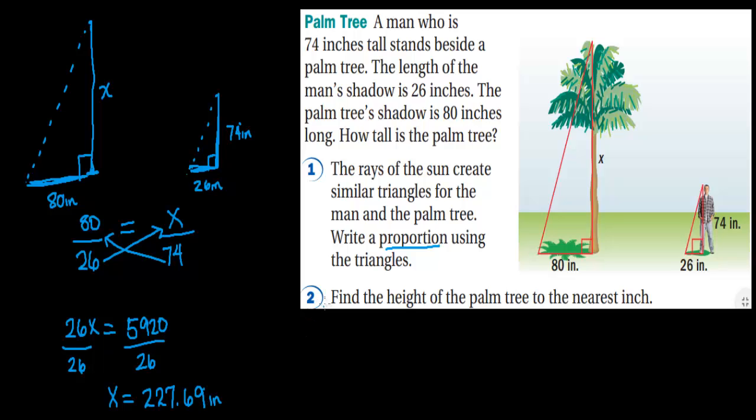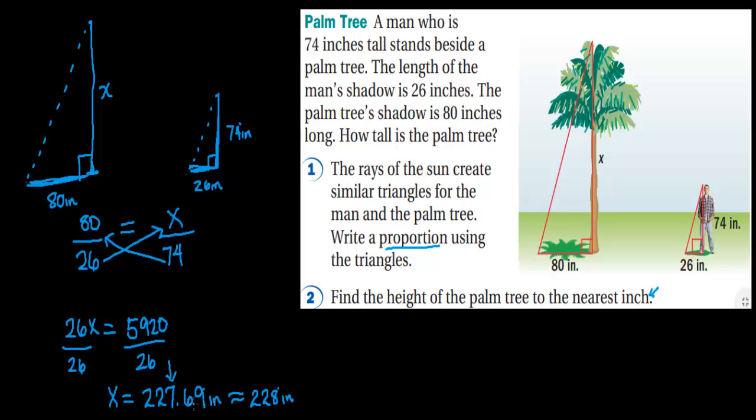And it says here in number 2, find the height of the palm tree. We just did. To the nearest inch. So to the nearest inch, that means approximately equal to 228 inches. To the nearest inch, that means you're going to round off this digit.